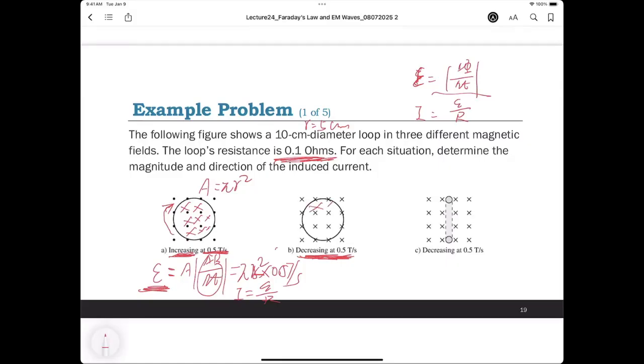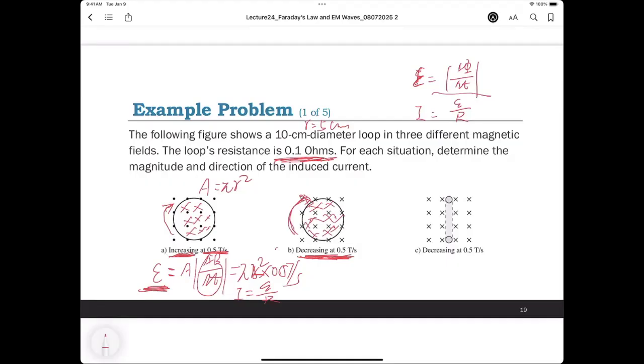So the generated magnetic field should be like this, and the current direction is still like this. The direction doesn't change.